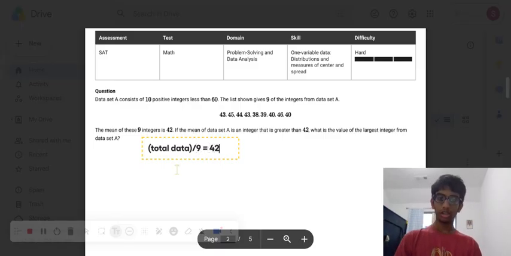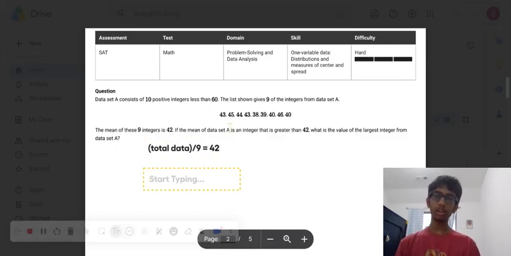Right? So one interesting fact about mean is that if we know that the mean of a certain number of elements, which is in this case 9, is a number, say 42, and we add the number 38, the mean will drop because our value of 38 is less than our previous mean.